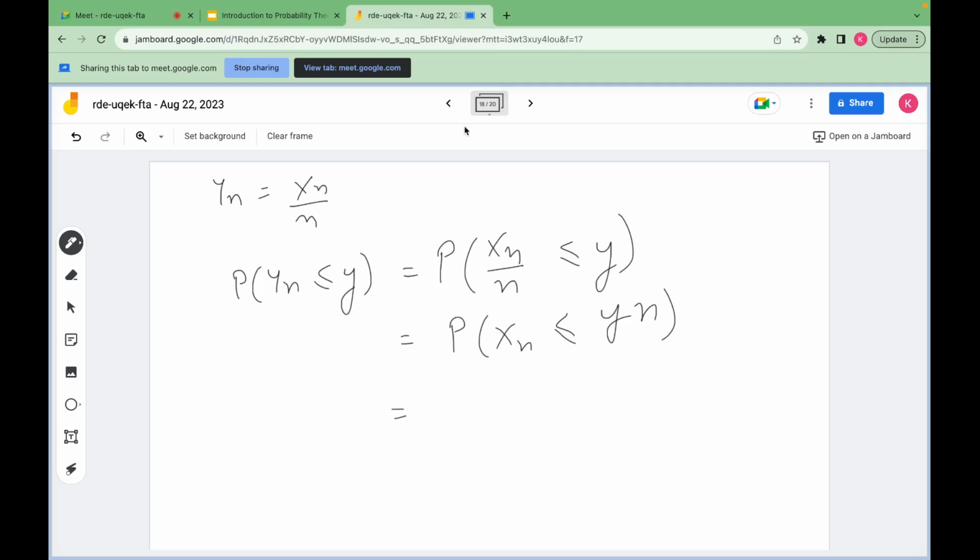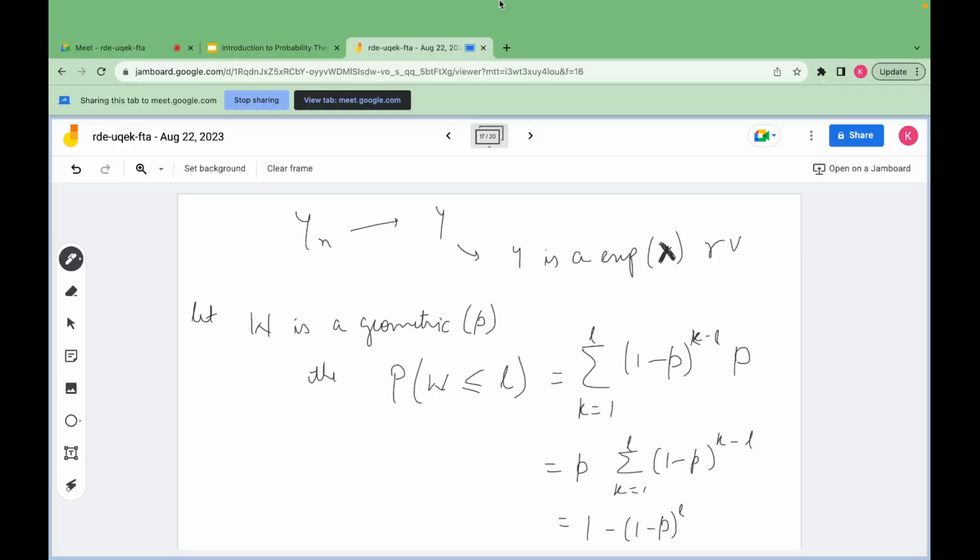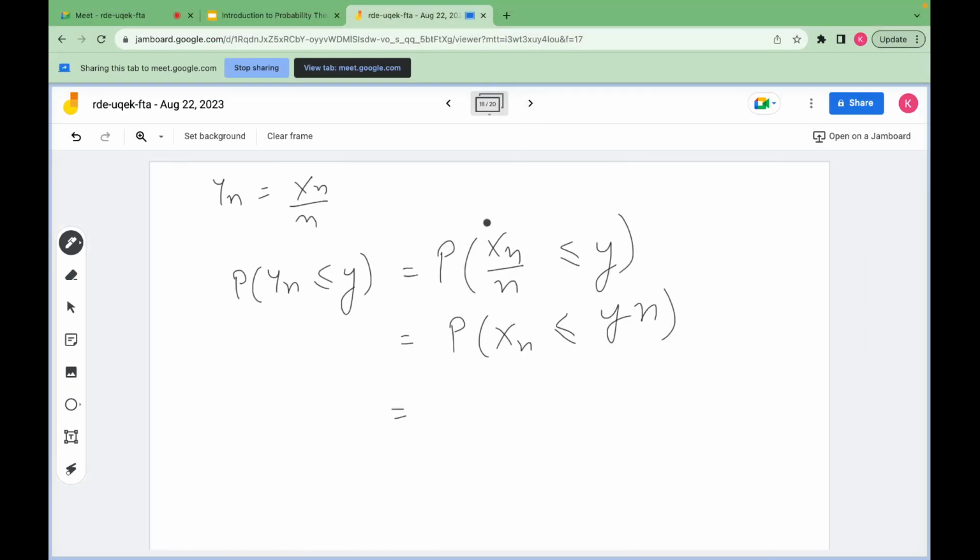We have seen for the geometric distribution that this quantity is nothing but 1 minus (1 minus p) to the power L. So this will become 1 minus (1 minus lambda by n) to the power ny.